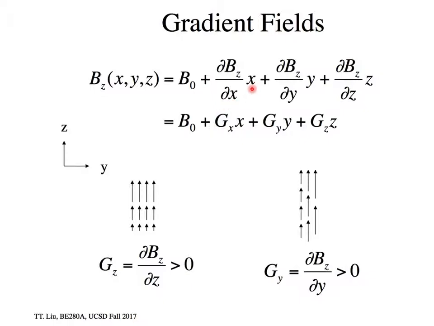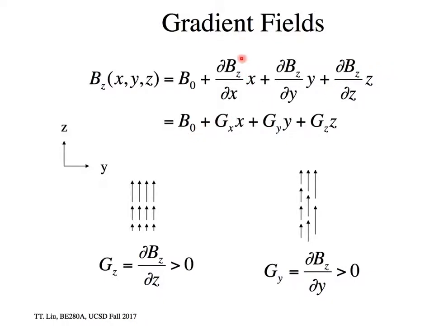And in exactly the same way, if we had all three gradient coils on at once, we can compute what our field strength is at the location X, Y, Z by this formula. So we have three gradients and a position in the volume, and that gives me my new Z field.